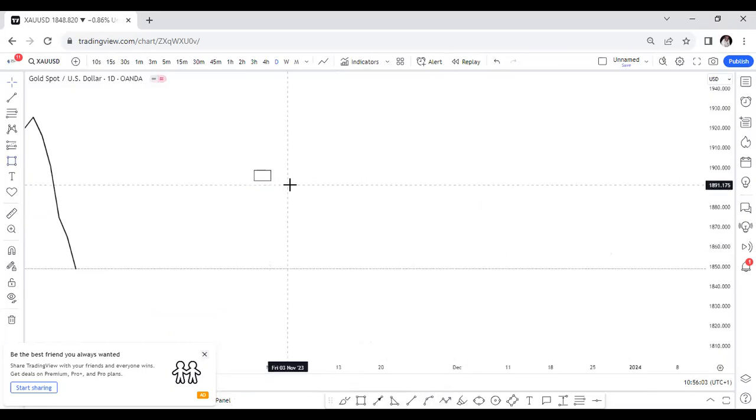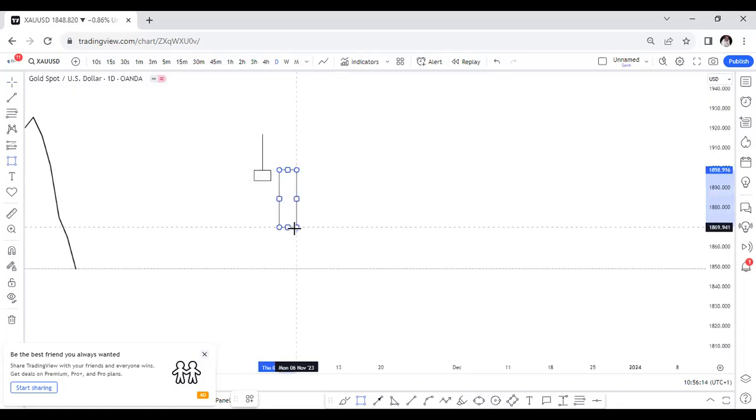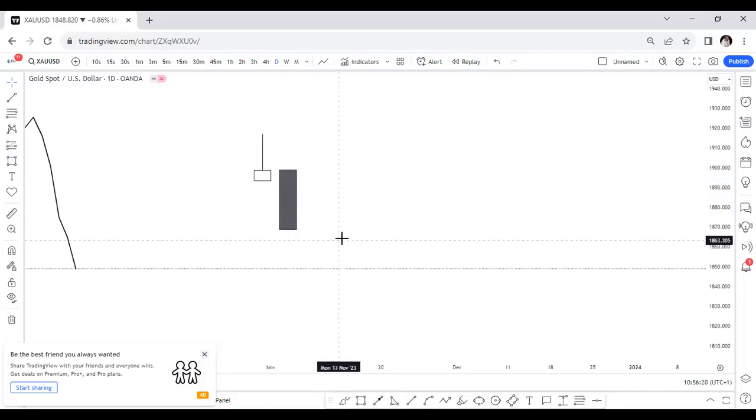If this is a bearish engulfing, we have this formation like this. So this makes up what we call a zone. This is a zone level. So what do we mean by zone?